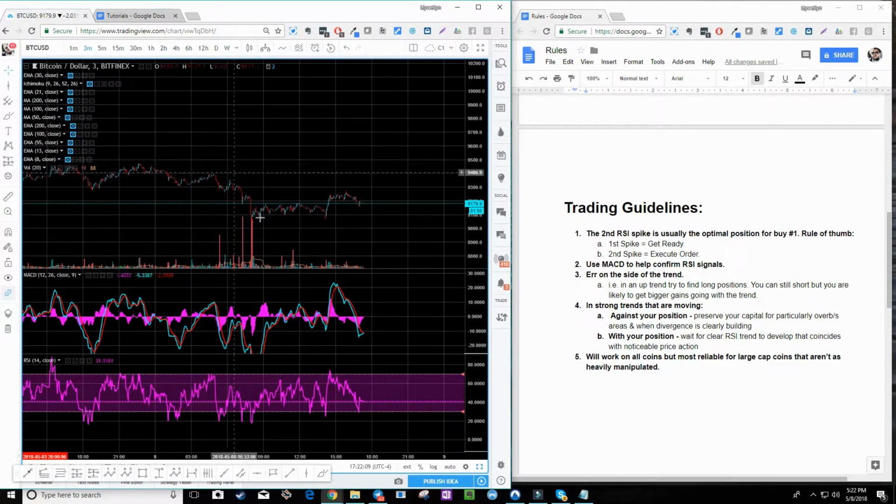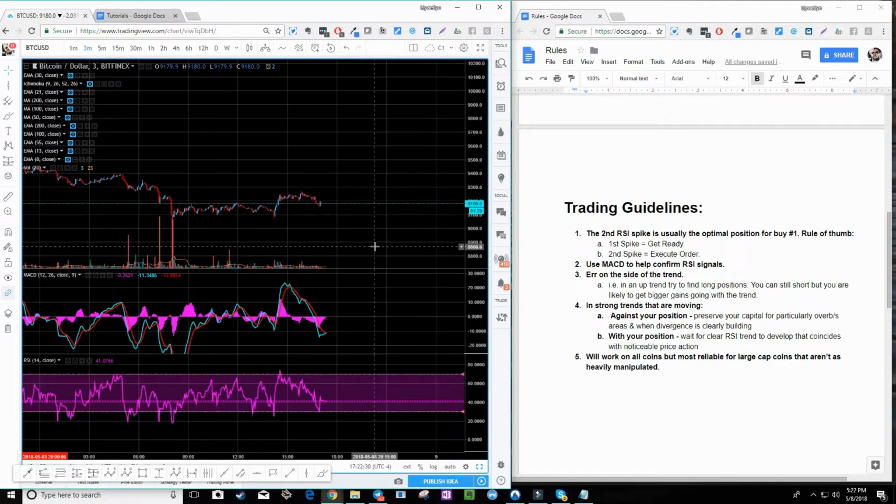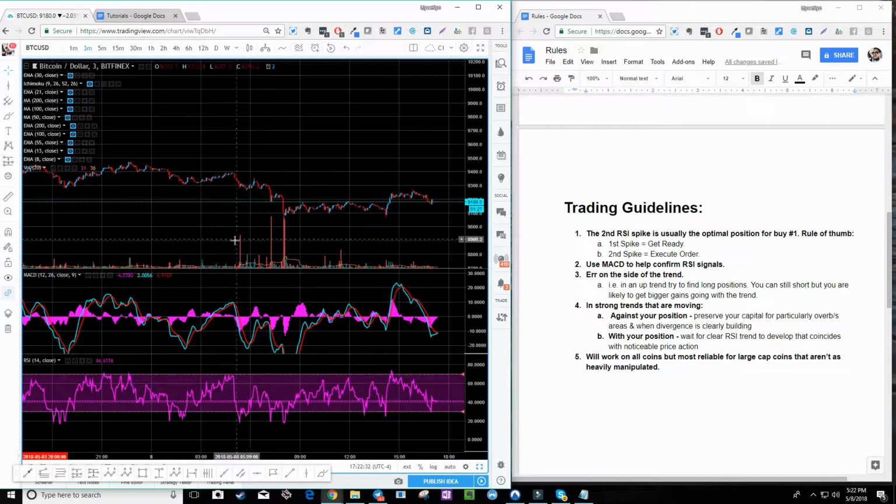And when the trend is a strong uptrend and it moves into the oversold region, you may only get the one spike in that zone. So it's good to be aware of the trend and how it's working at a greater degree than just on a 3-minute chart.